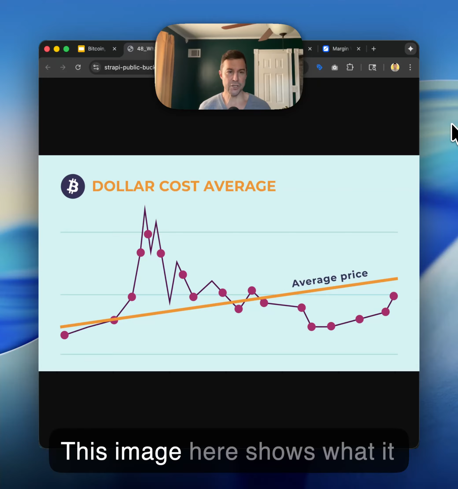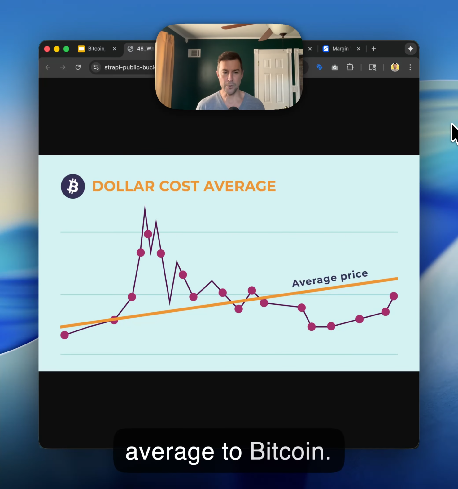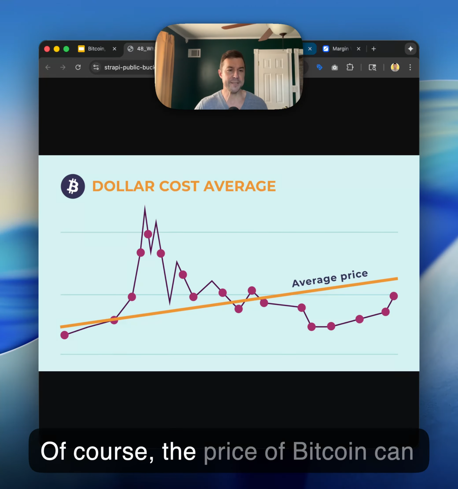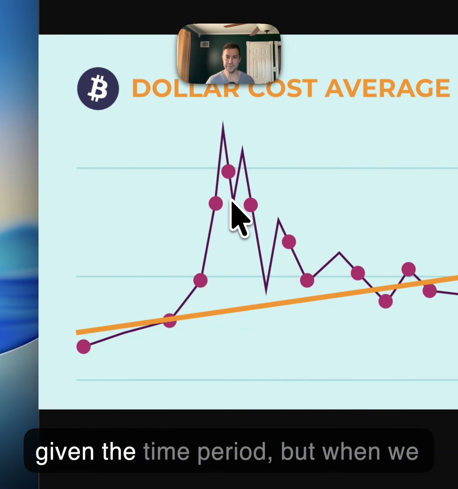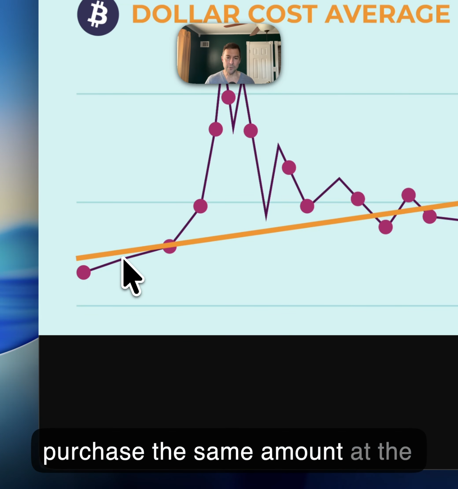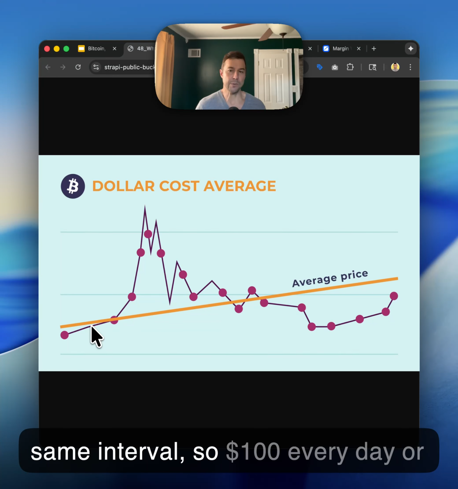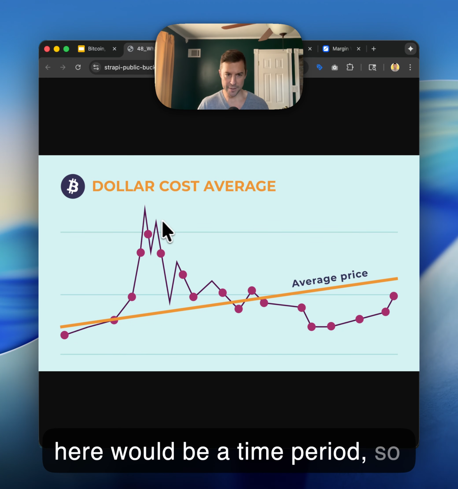And this image here shows what it looks like when we apply dollar cost averaging to Bitcoin. Of course, the price of Bitcoin can fluctuate greatly given the day, given the time period. But when we purchase the same amount at the same interval, so $100 every day or every week, each of these dots here would be a time period.